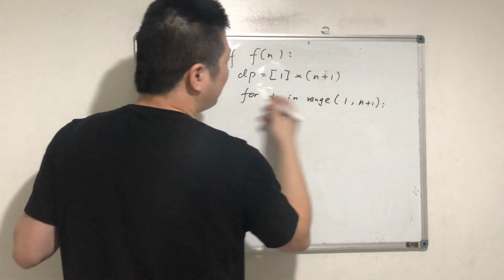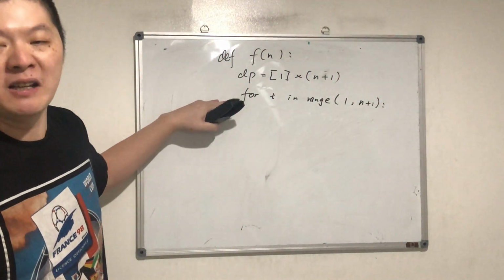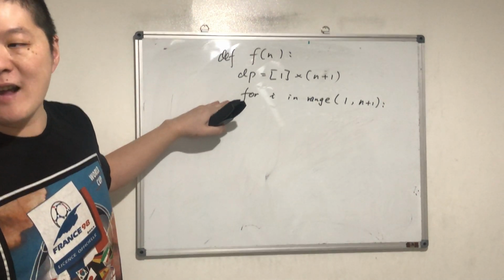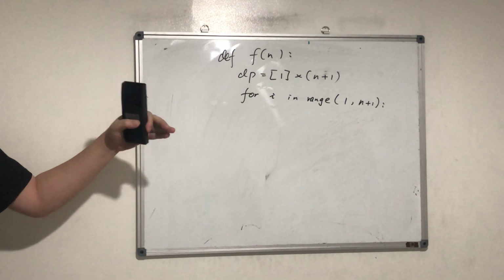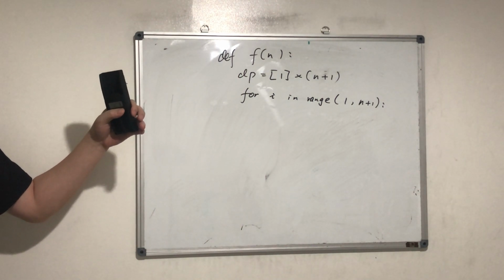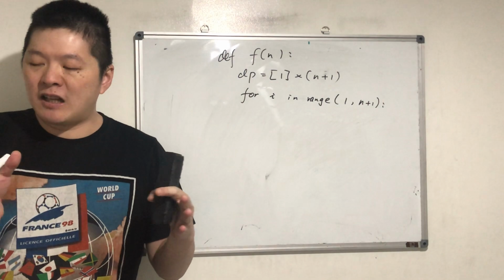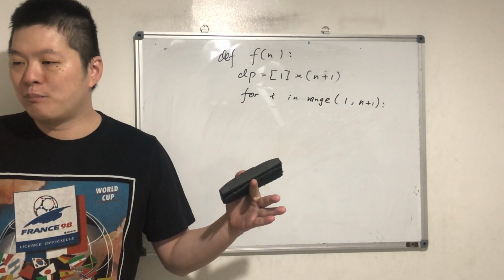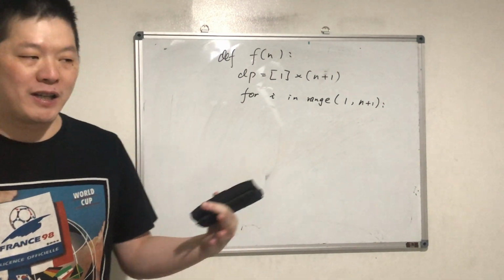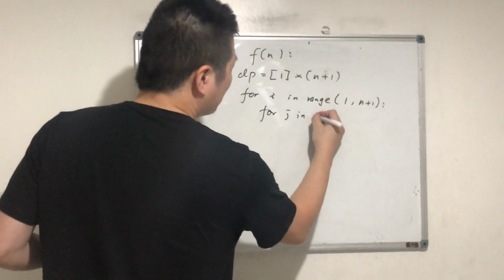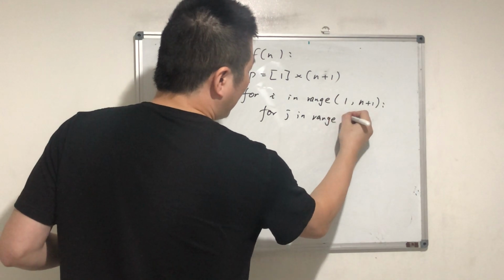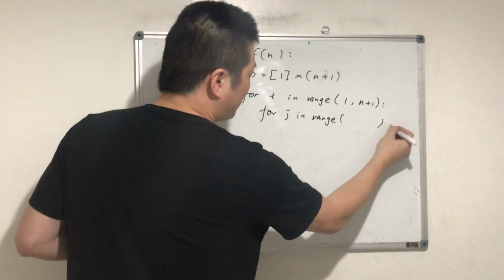This first iteration is the fn we are now calculating, and the second iteration is to list the number of different ways to split the integer. So for j in range, what are the two values here?